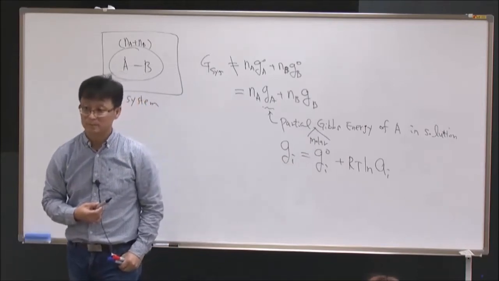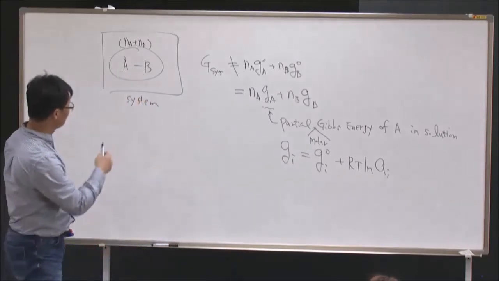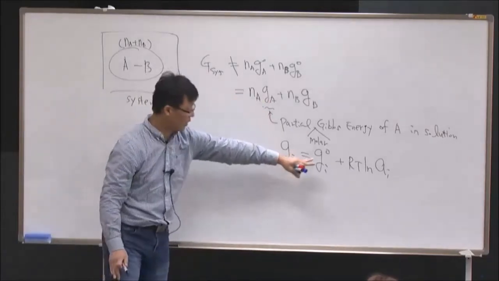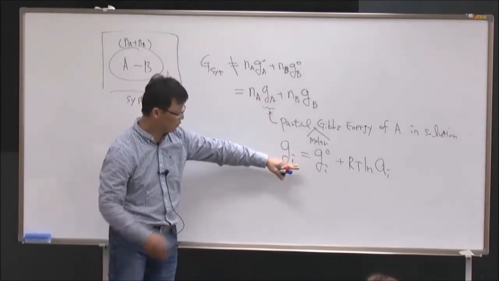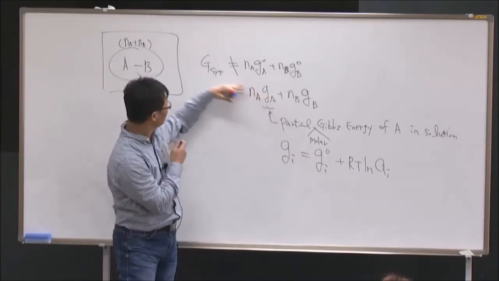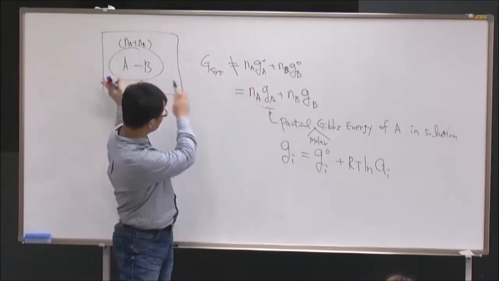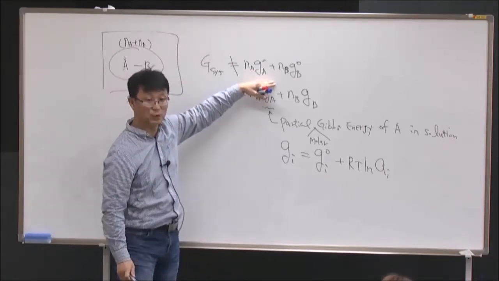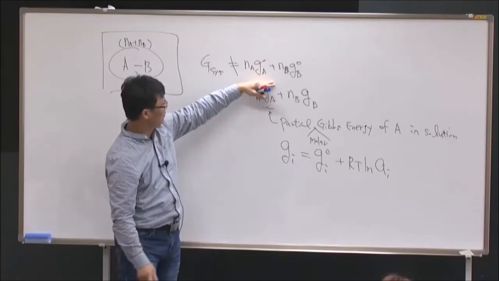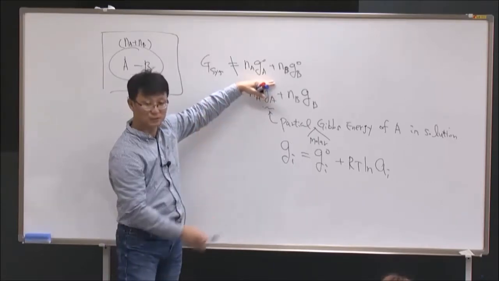Is it okay? So now, let's assume it this way. At the moment, we don't know exactly how we can derive this kind of equation, but anyway, let's take this one. At least, the system Gibbs energy for a solution is not anymore the same as the physical mixture of pure A and pure B Gibbs energies.